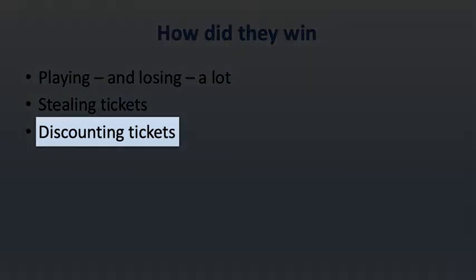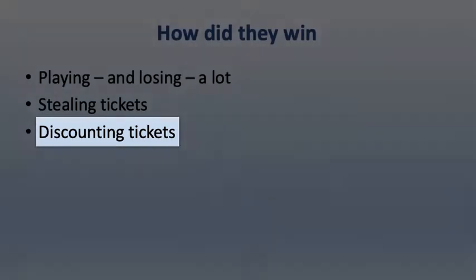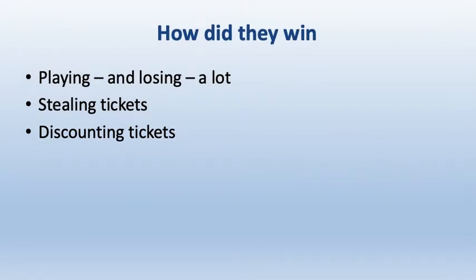Or the players could be discounting tickets, experts said. Now here's what discounting means. Say John just won a $1,000 lottery ticket, but John owes back taxes and child support. Now when he goes to cash in that lottery ticket, the state is going to garnish that money. So John's smart.